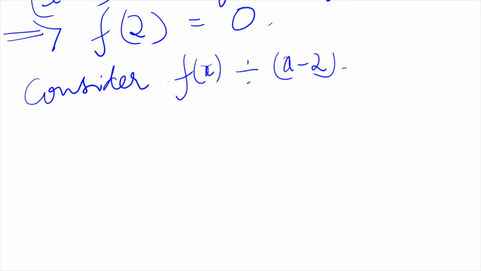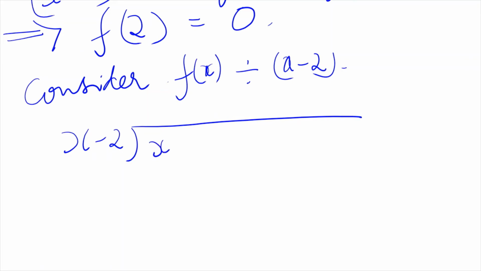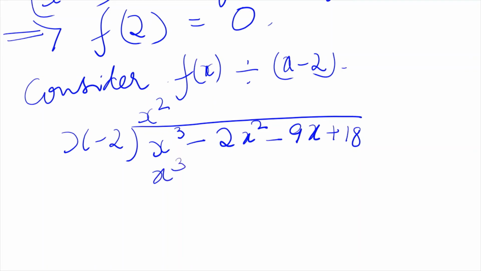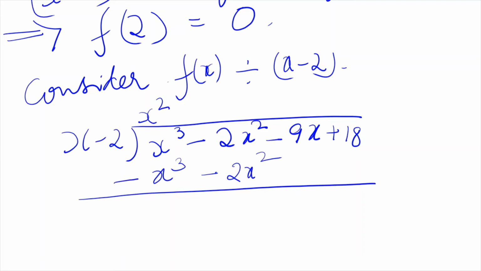So long division: x minus 2, the expression is x cube minus 2x square minus 9x plus 18. So the first term divided by the first term, x cube divided by x, you will get x square. Now you will multiply x square into x, x cube, x square into minus 2 is minus 2x square. So plus becomes minus, minus becomes plus, this also gets cancelled, this also gets cancelled.